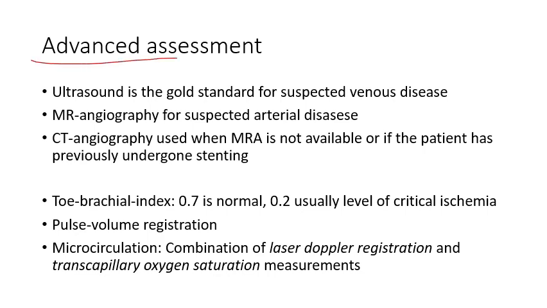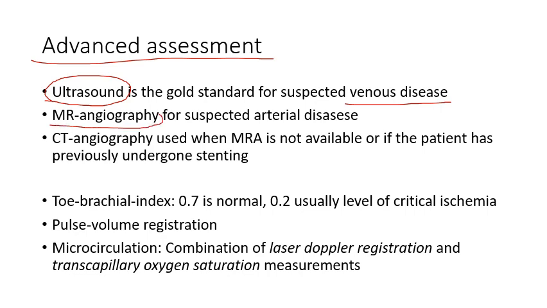Here's just an overview of the advanced assessment that we can do. Almost all hospitals, even some small outpatient clinics, or even some of the family doctors might have ultrasounds, and that's a gold standard for looking for venous disease, so especially reflux disease.